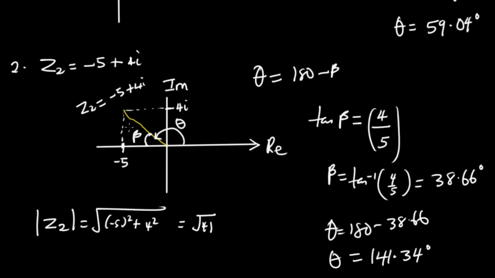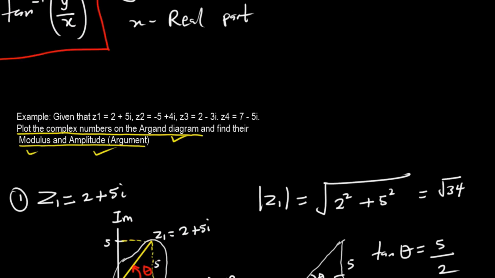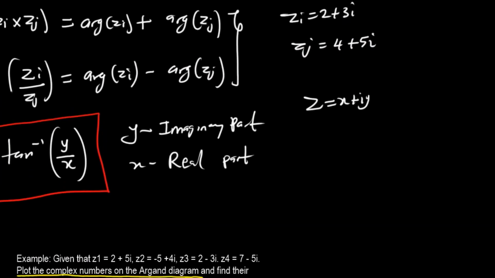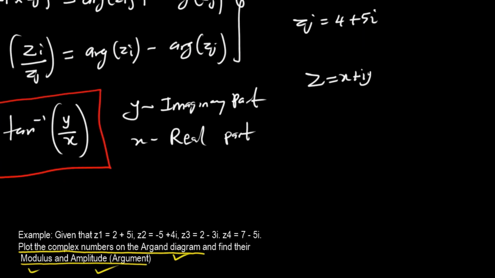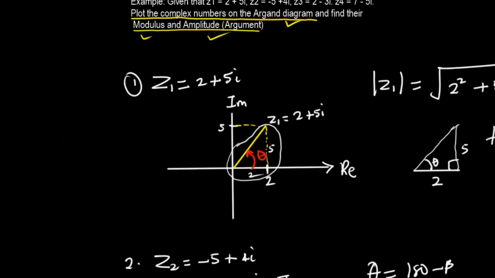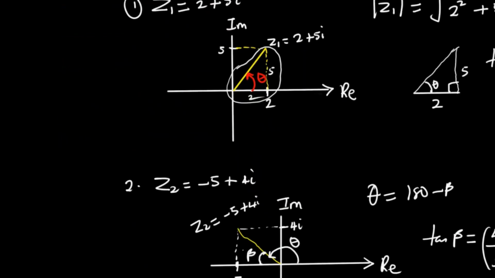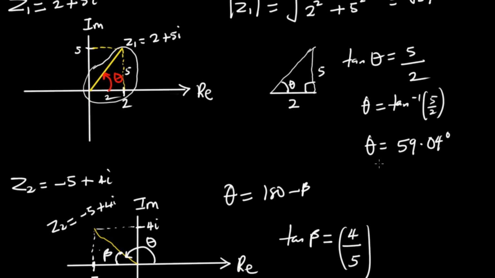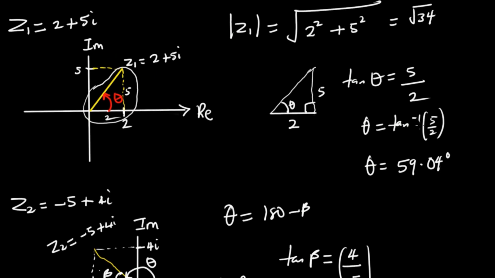So that is that with example number 1 and example number 2. I want you to note something here. In the last slide, I mentioned that theta equals tan inverse of y over x, where y is the imaginary part while x is the real part. Looking at this formula, where we find our amplitude, you can see that theta is equal to tan inverse of 5 over 2.